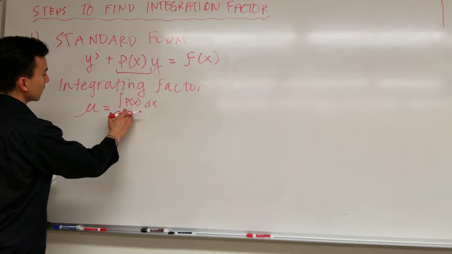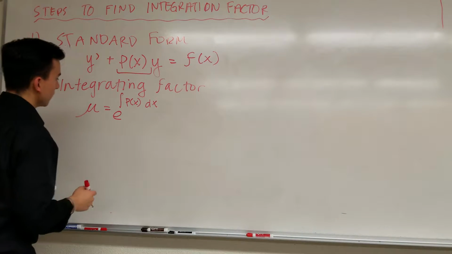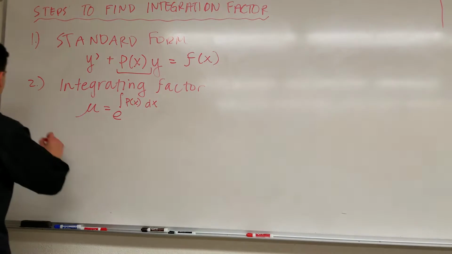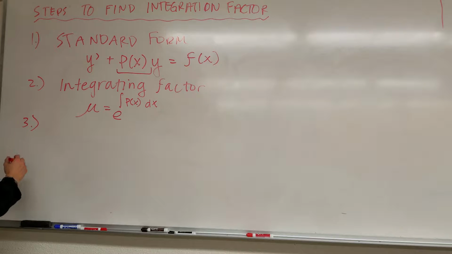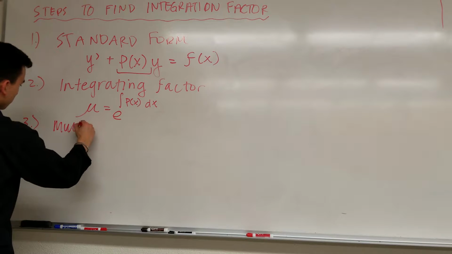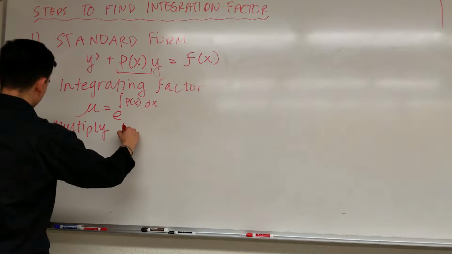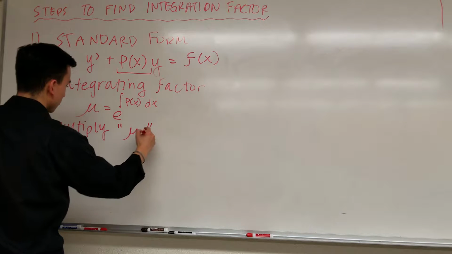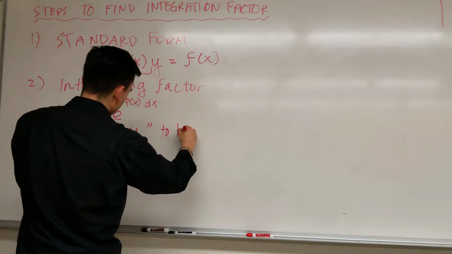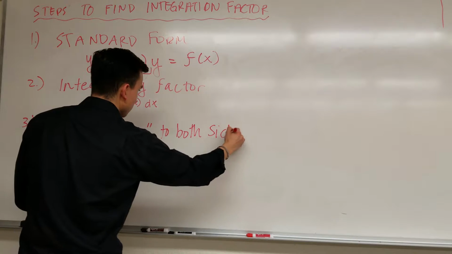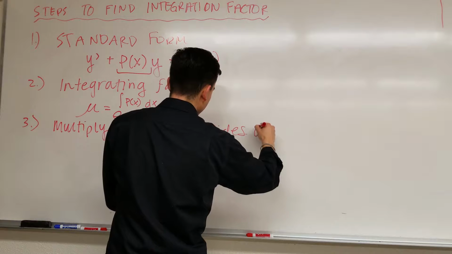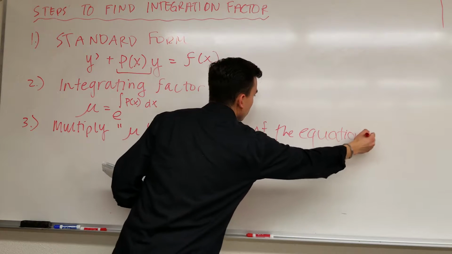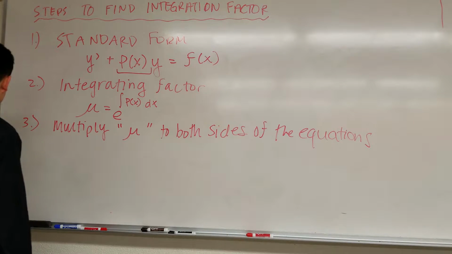Great, we have our p of x, and if we do that, we'll be able to find our integrating factor. So step number 3, you want to multiply the mu to both sides of the equation.